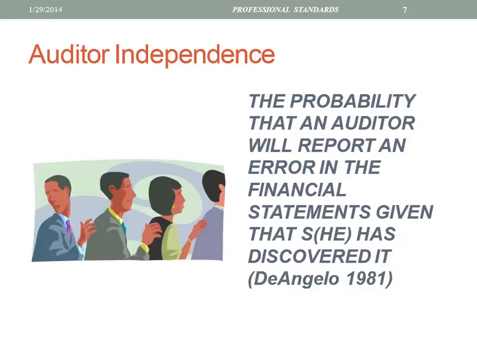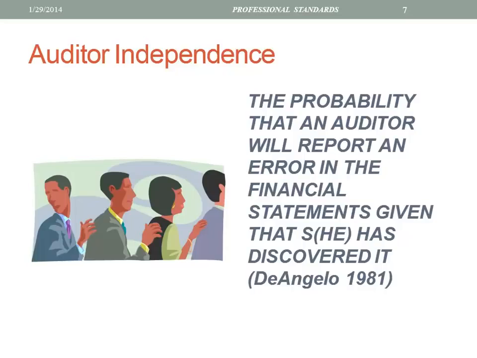So if you don't discover an error, that doesn't mean that you're not independent, right? That could mean that you didn't conduct a very effective audit. That could just be simple audit risk, that you didn't uncover it because you don't provide absolute assurance, because you don't look at 100% of the items, or because the client is just very good at covering it up, right?